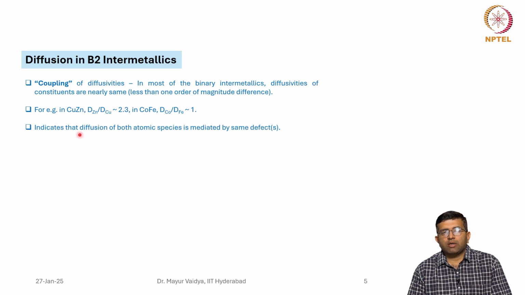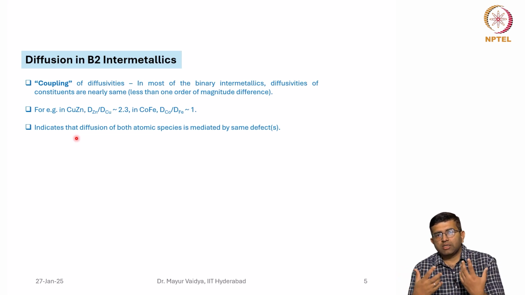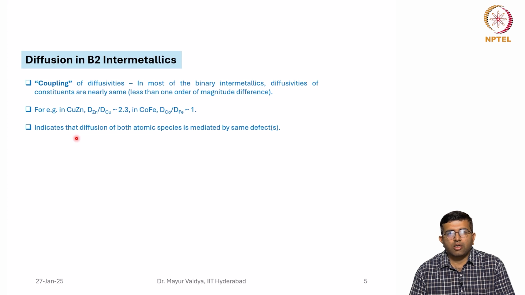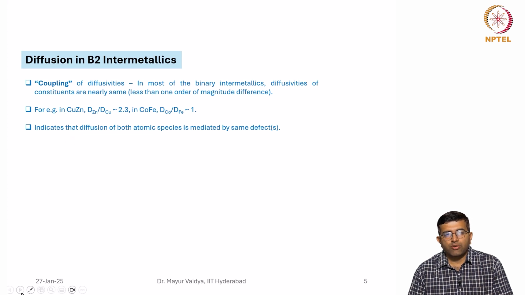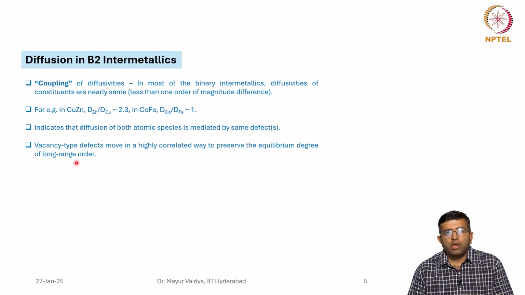What this indicates is that the diffusion of both atomic species is mediated by the same type of defects. That means they are participating together in the motion of atoms. Therefore, the vacancy type defects move in a highly correlated way to preserve the equilibrium degree of long range order.